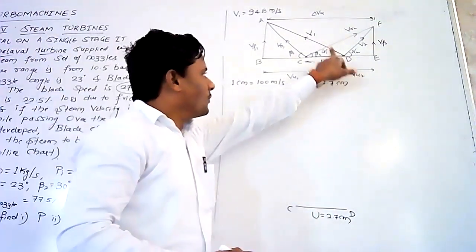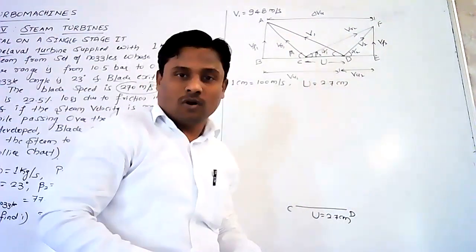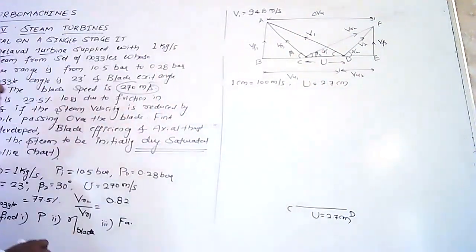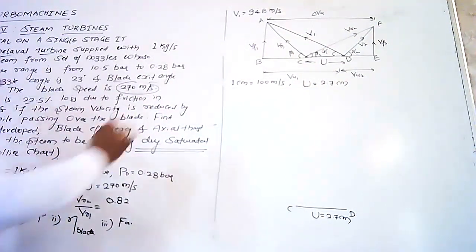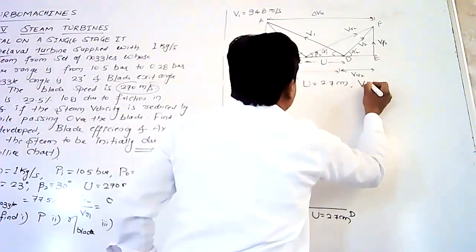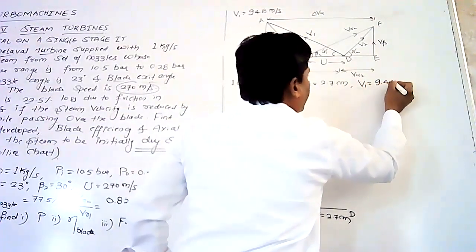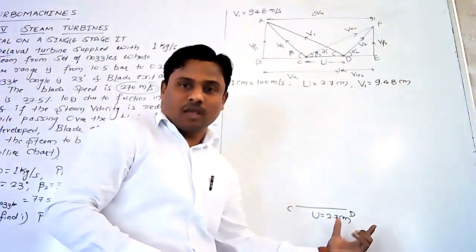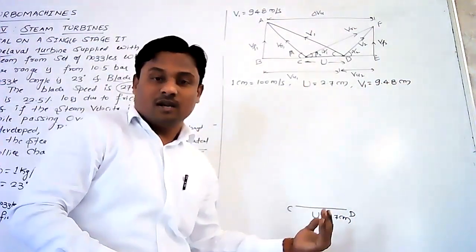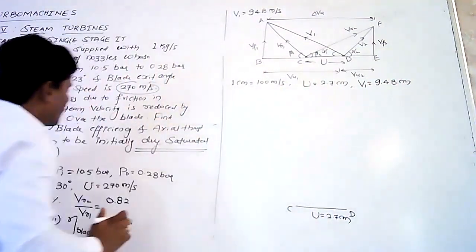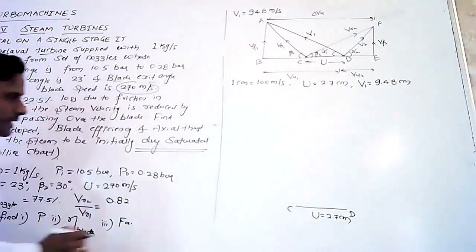Now from D, V1 is emerging at an angle of alpha 1. So the value of V1 is 948 meter per second, or in terms of centimeters, V1 equals to 9.48 centimeters. Now keep the protractor on point D and measure the angle alpha 1 in clockwise direction, that is alpha 1 equals to 23 degrees.